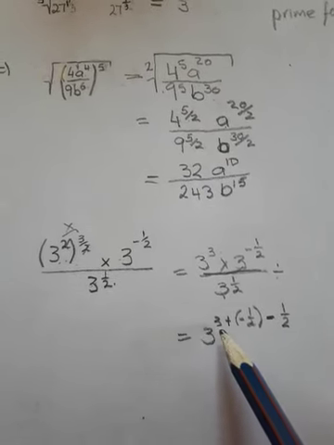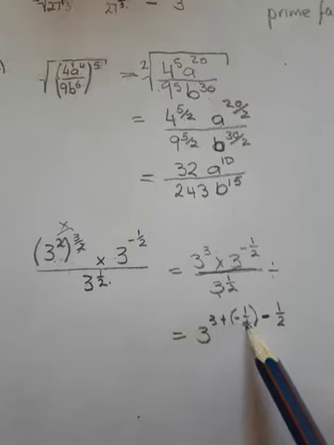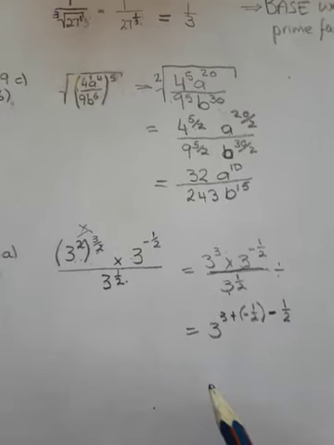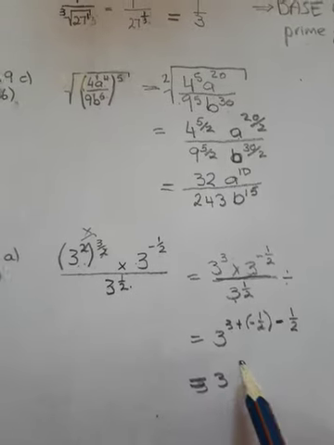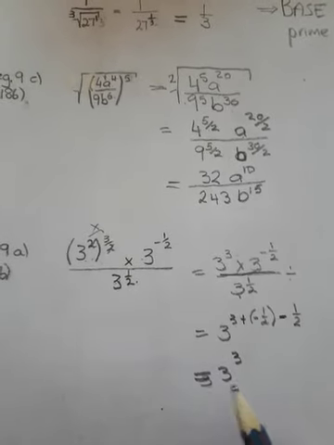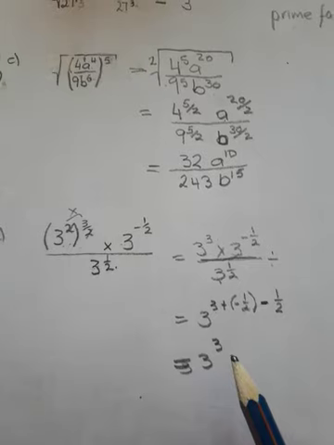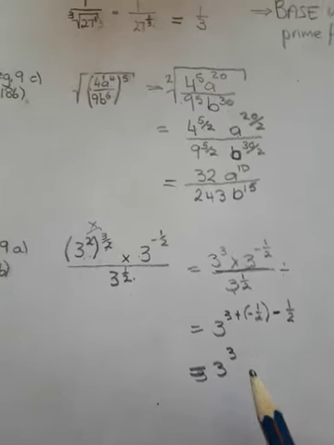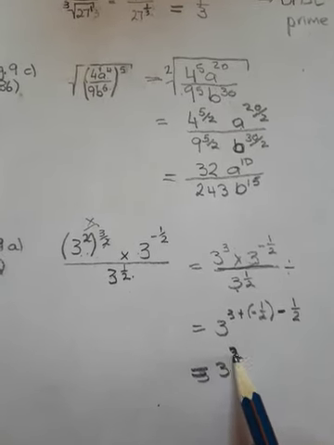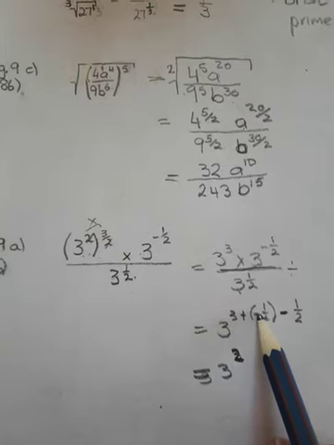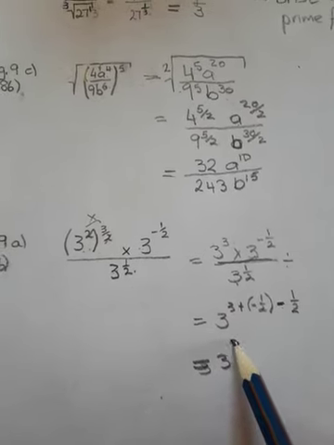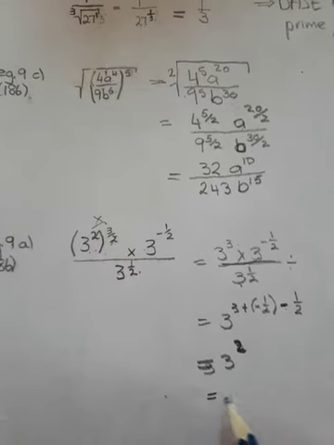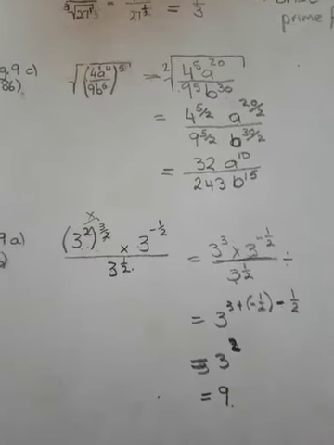Right, and then if you calculate 3 plus negative 1 half minus 1 half, you will in fact get 3 to the power of 3 minus a half is 2 and a half, minus another half is 2. 3 to the power of 2, and that in fact is 9.